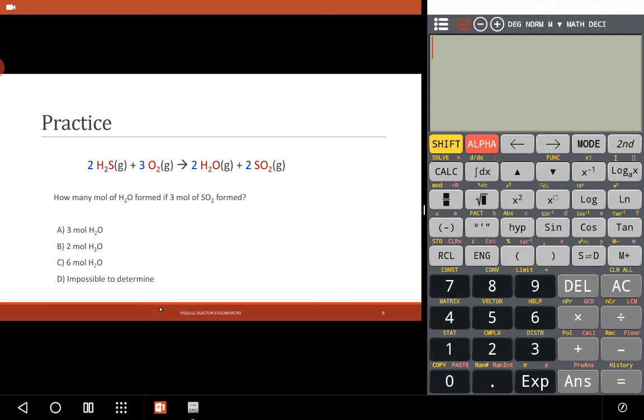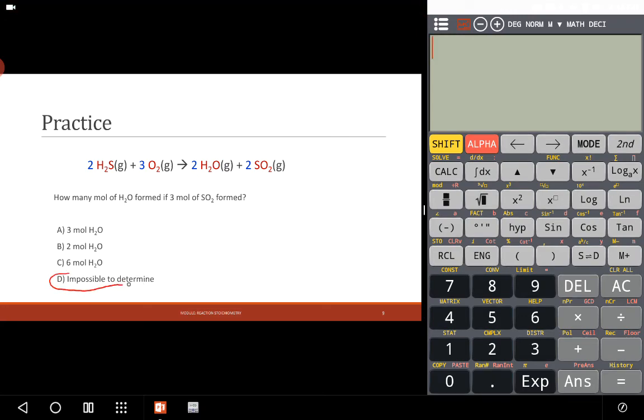Alright, let's go over this. Did you select that it's impossible to determine? No, we know this. If we have 3 moles of SO2, then we need to cancel out our moles of SO2 and get into moles of H2O.